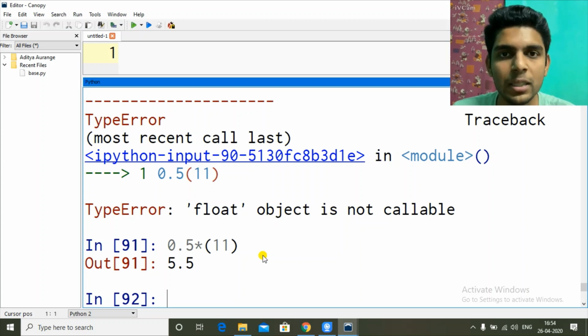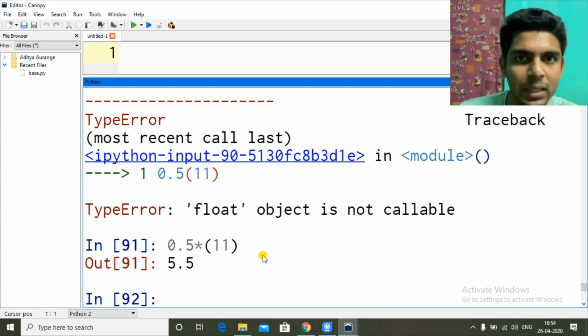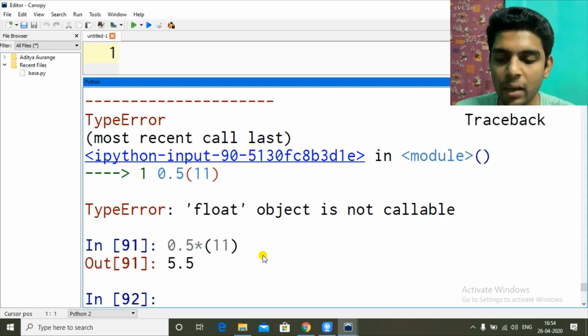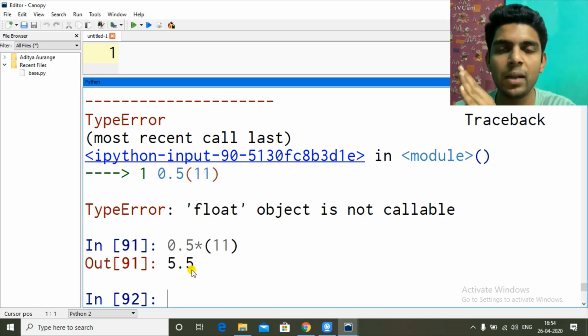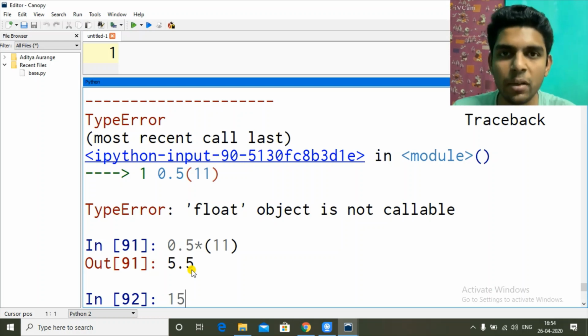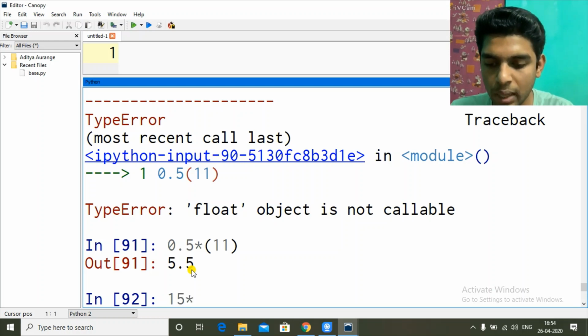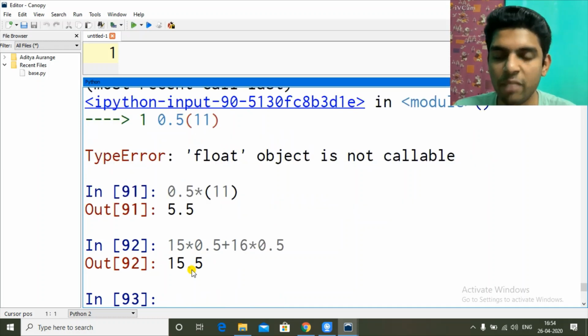The 5.5th element is my value, but I have the fourth value and fifth value and sixth value, no 5.5th value. Okay, so how do we do this? It's 0.5, so it's 50% of the fifth value and 50% of the sixth value. So I did this. 15 is my fifth value, star 0.5 plus 16 star 0.5. So it gave me 15.5.